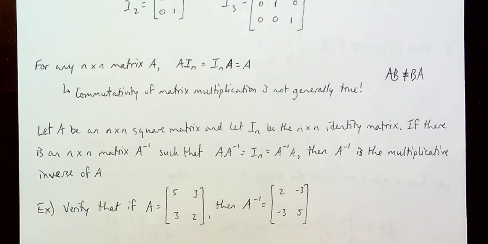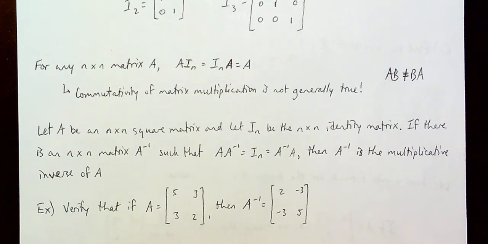If there is an n by n matrix, A with the little exponent of -1, we read that as A inverse, such that A times A inverse equals I sub n, and A inverse times A equals I sub n. Then, as you can probably guess, A inverse is the multiplicative inverse of A.